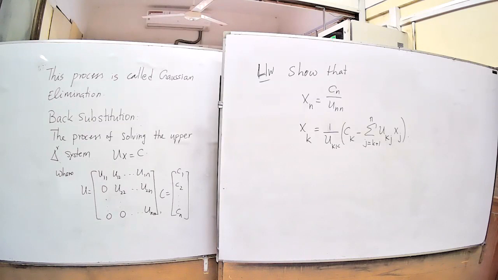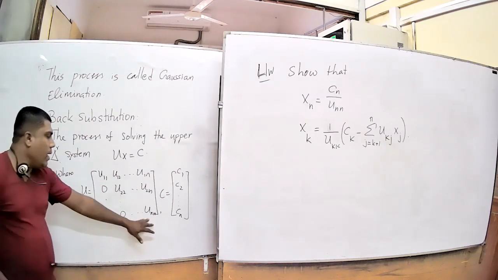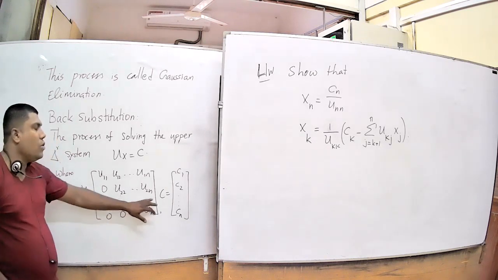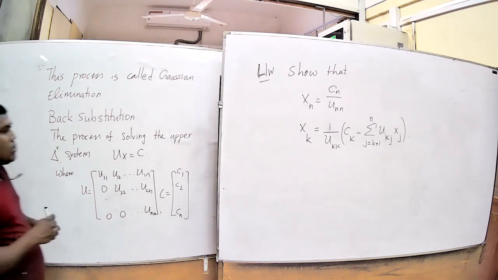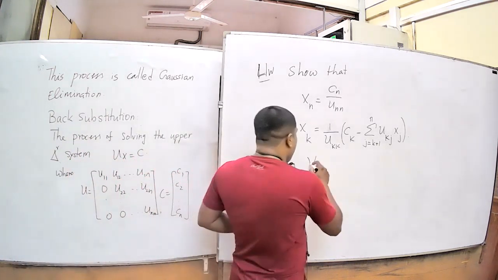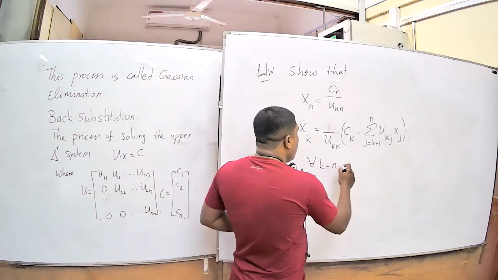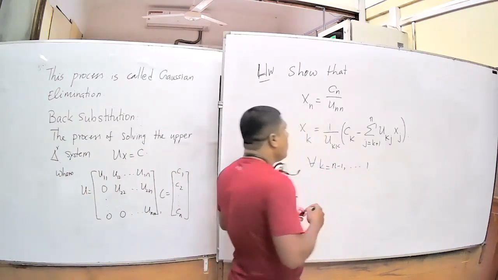Again, you can show it by mathematical induction. So x_n is this, and then if you know x_n, you can find x_(n minus 1). This is true for all k from n minus 1 all the way up to 1.